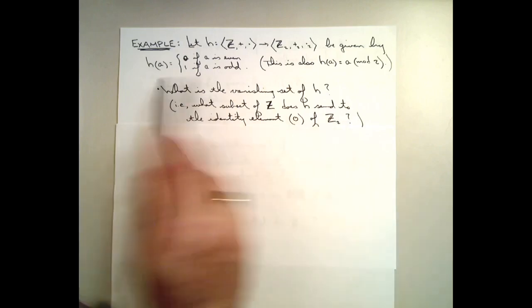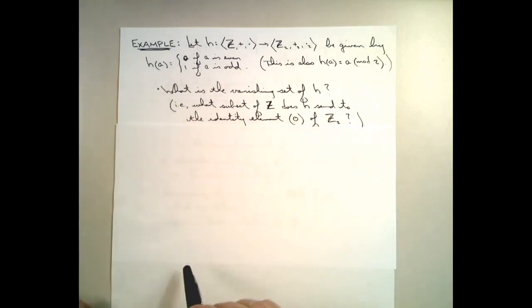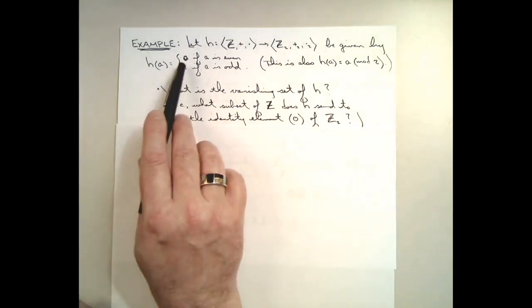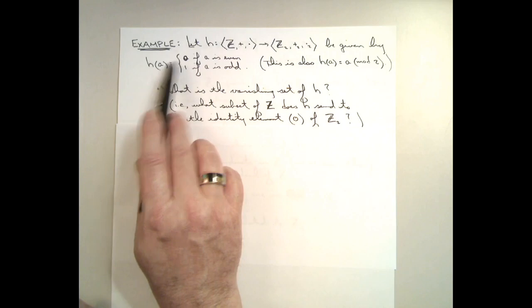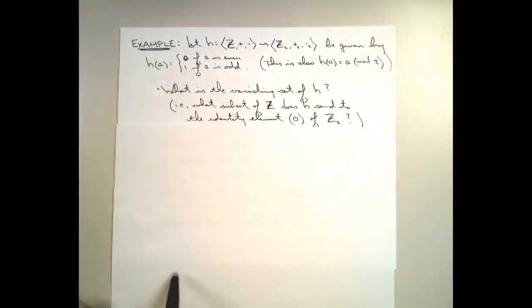Well, the function actually tells us very explicitly what that's going to be. We're going to send elements to 0 if those elements are even. And so it's the even numbers that form the vanishing set of h.